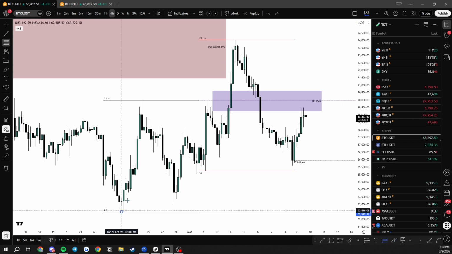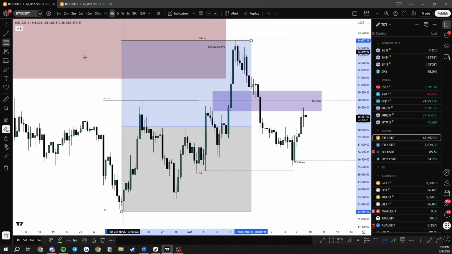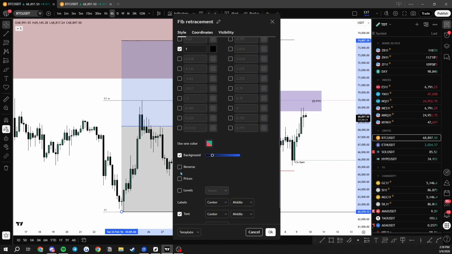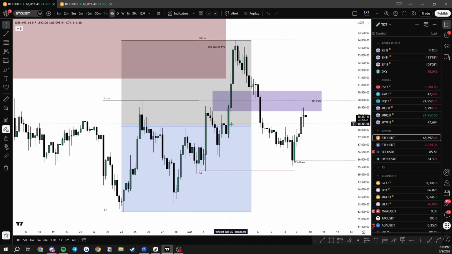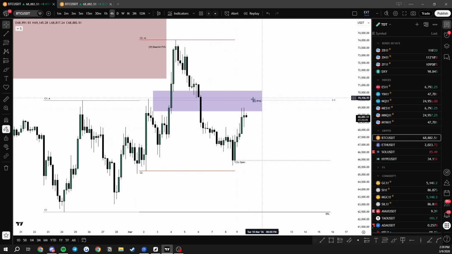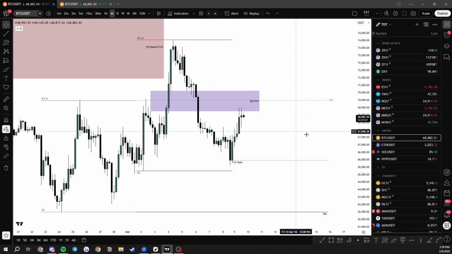Take a look when price starts to make this move back up into premium. It is after we start taking out some lows in discount, then price comes back up into premium. We have a premium fair value gap right here that we could also be using. I'm not going to overlay it because the daily inversion gets it done for me.